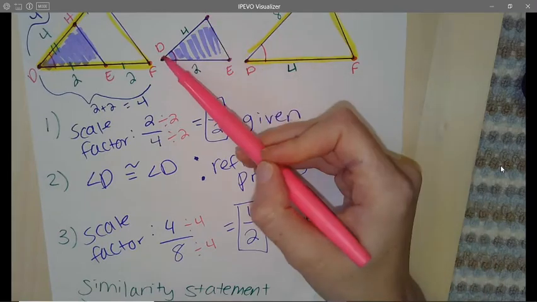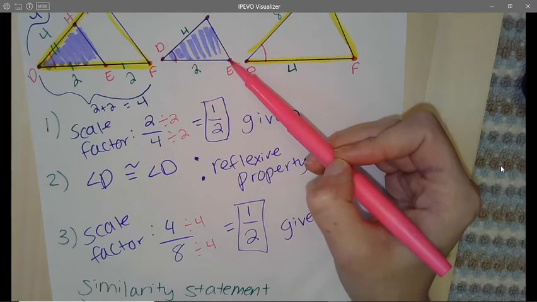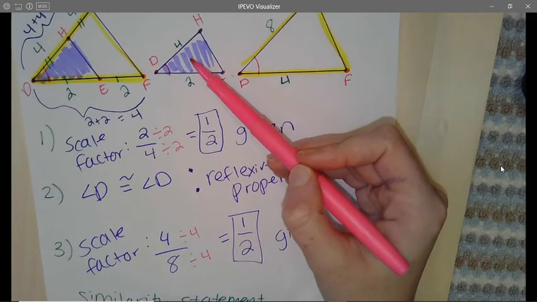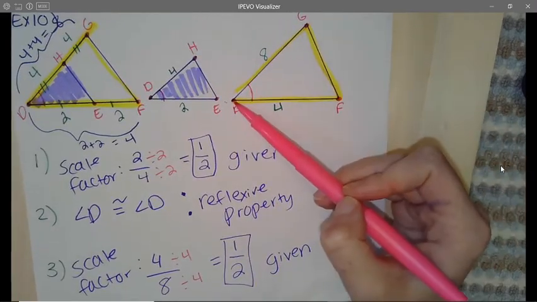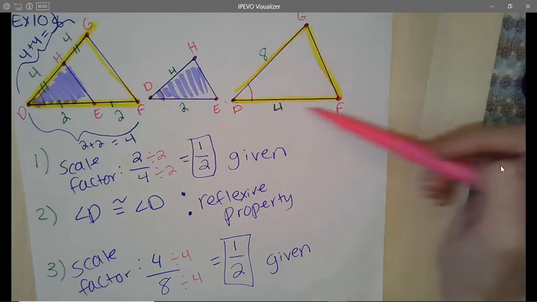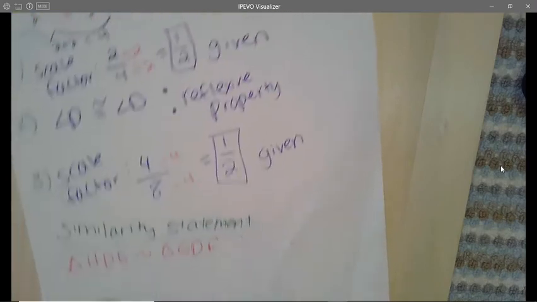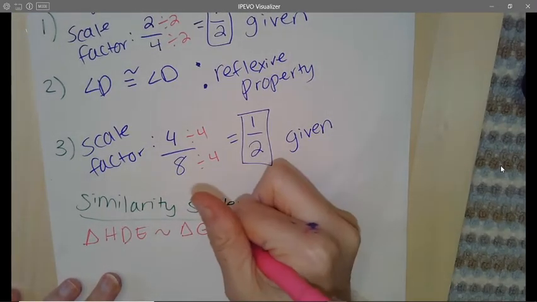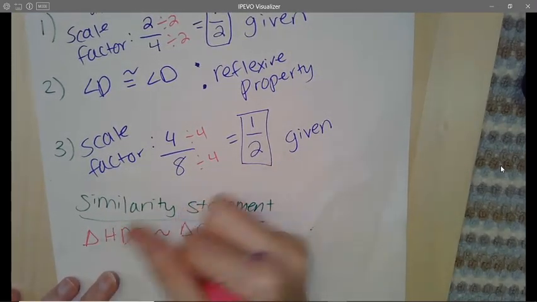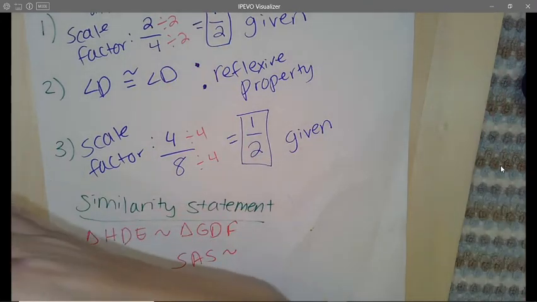So if I go HDE, I go from my larger side to my smaller side to the side without anything. That would be GDF. So G to the D to the F. Oh, sorry guys. And I know that they're similar because of SAS similarity. Don't forget the fancy tilde.